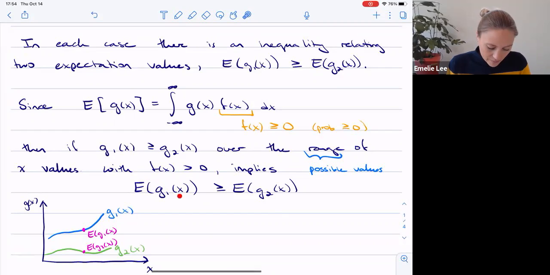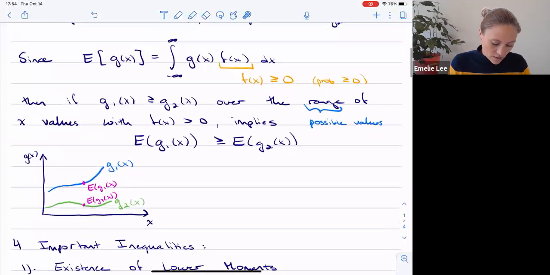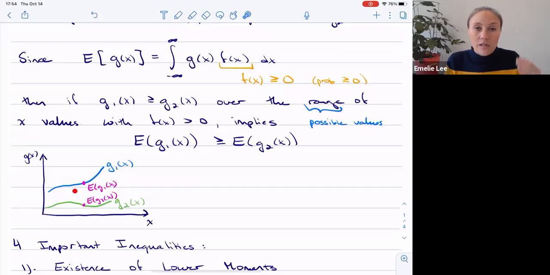So it implies that the expectation of G1, if G1 is larger than G2, is going to be larger than the expectation of G2. And so what we said was, okay, if we're establishing that G1 is a larger function than G2, they would look something like this, right? And so for all values of X that we're considering here, the output of G1 at each point is consistently larger than G2.